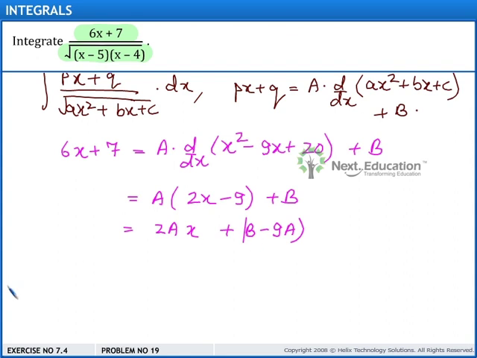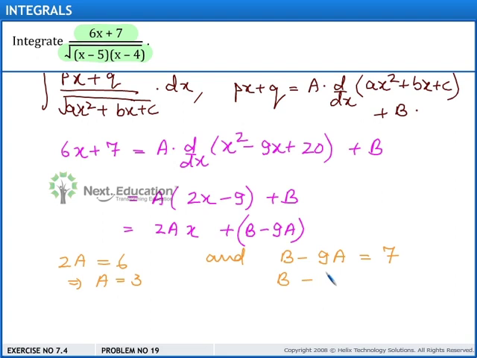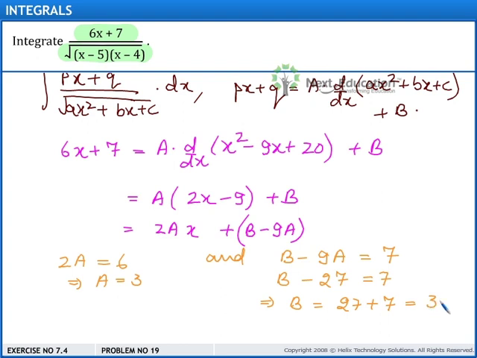So on comparing, we see that 2a is equal to 6, which implies that a is equal to 3, and b − 9a is equal to 7, that is b − 9 × 3, which is 27, is equal to 7, which implies that b is equal to 27 + 7, which is equal to 34.